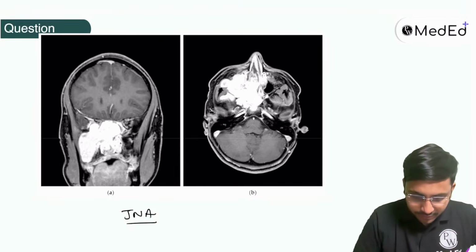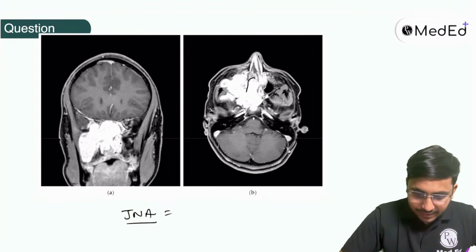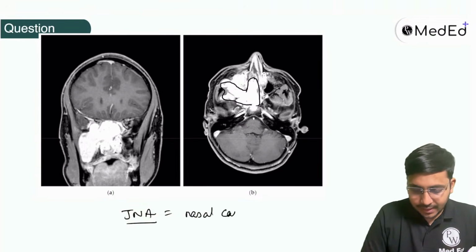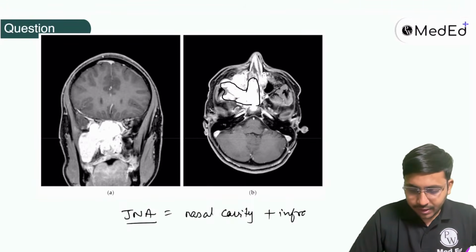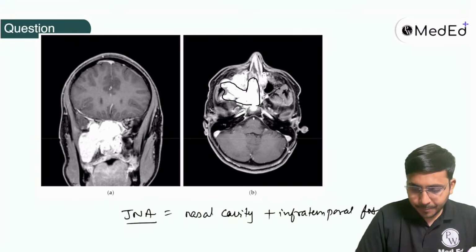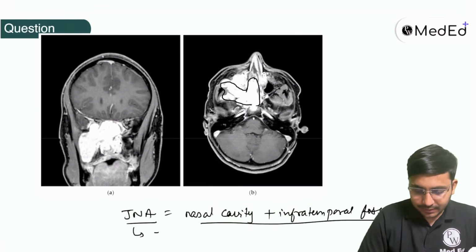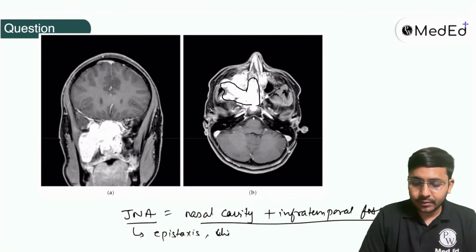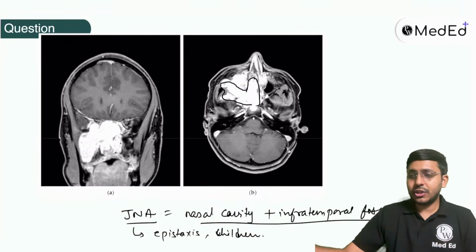So the typical location of a JNA is in the nasal cavity and in the pterygomaxillary fissure, a nasal cavity plus infratemporal fossa mass. And this typically has epistaxis as a complaint, and it happens in children. It is a tumor of children.